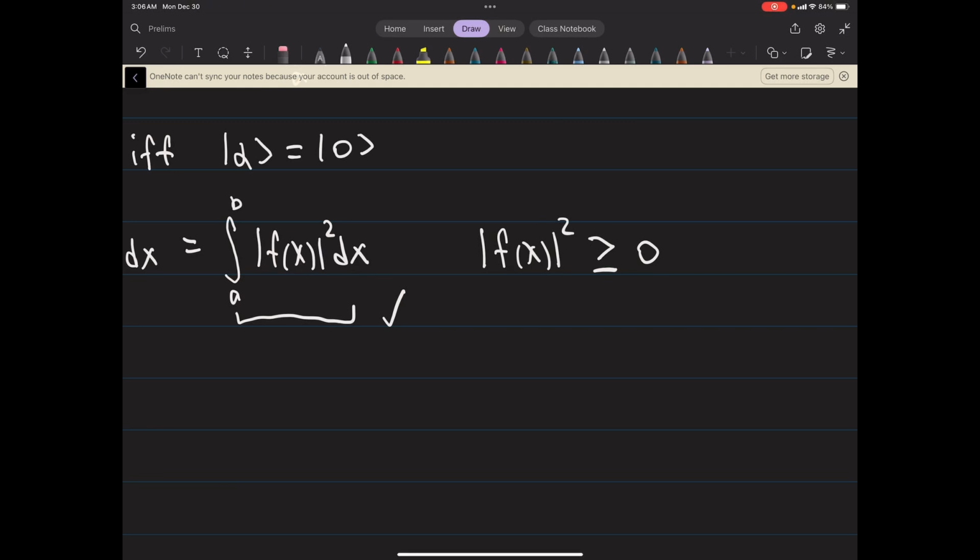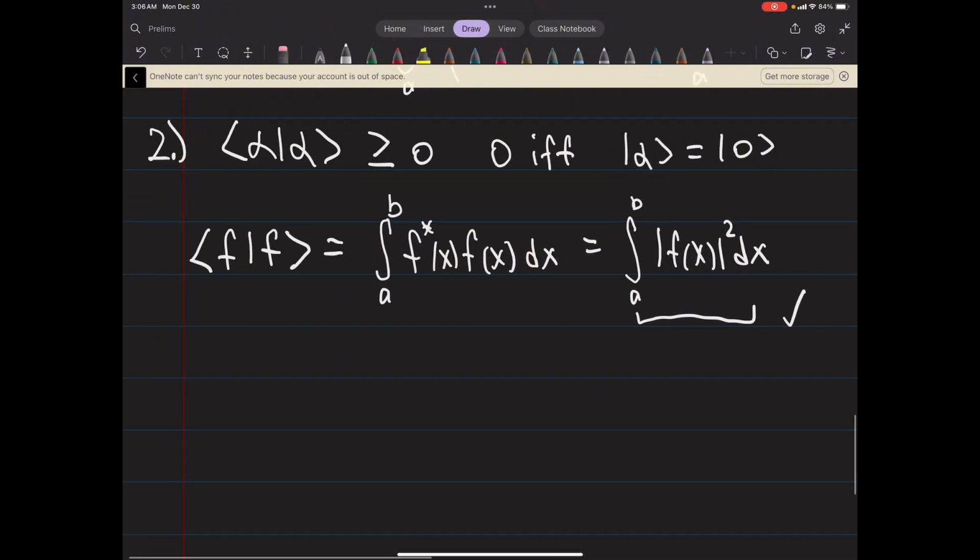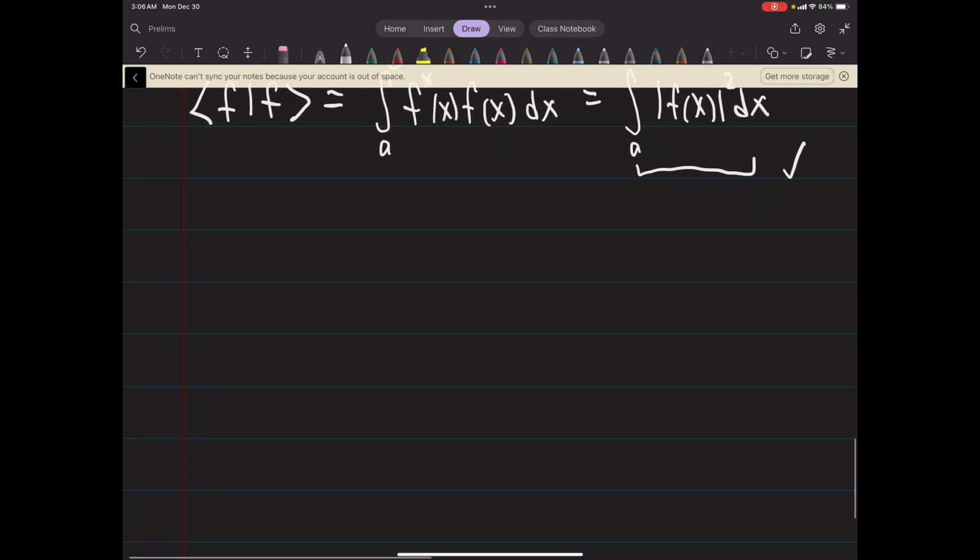And of course, if it is 0, then the integral of 0 is 0. So that takes care of the if and only if part. One last condition to make sure everything checks out.